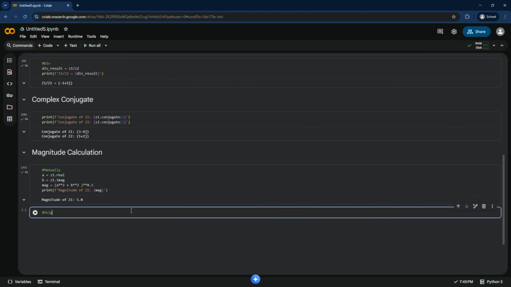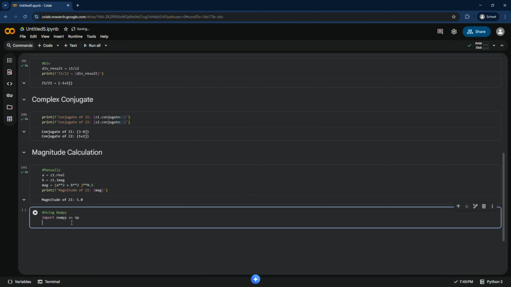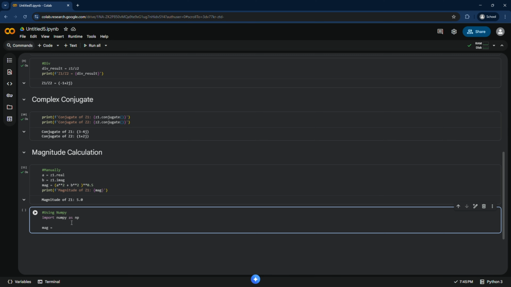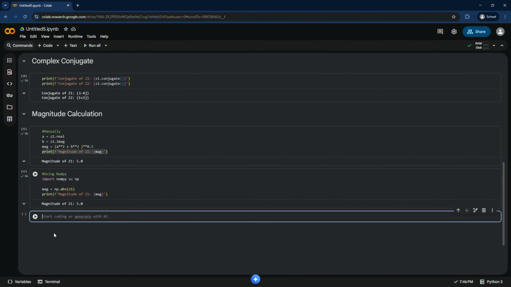Now let's compute the same magnitude using NumPy's built-in function. You can see both results are exactly the same.